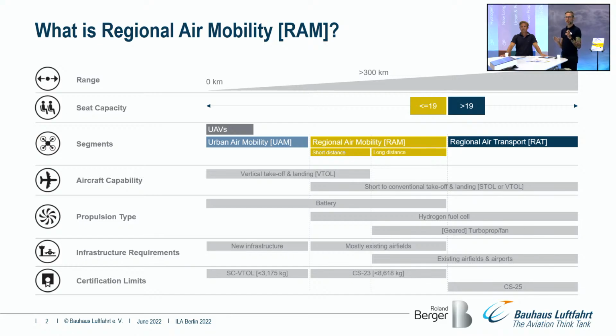We have differentiated it into two segments. Regional air mobility on the short distance, where we can also find vertical takeoff and landing capability. And on the long distance, exceeding roughly 300 kilometers, we are in the area of conventional takeoff and landing or short takeoff and landing.